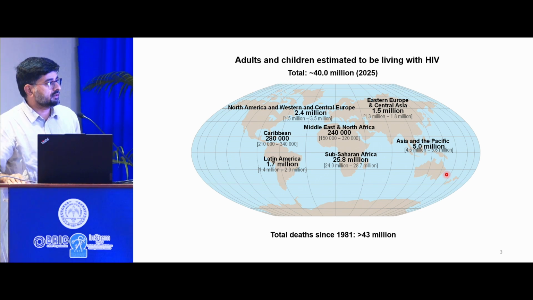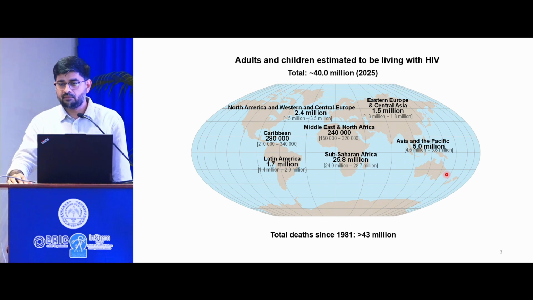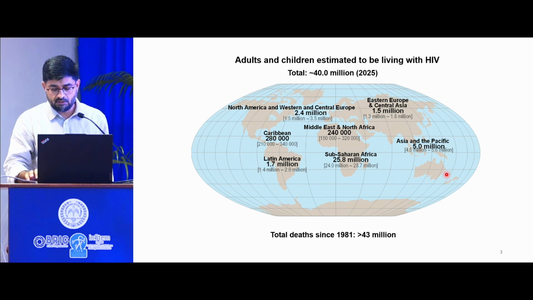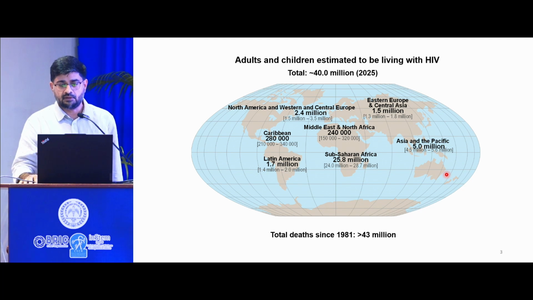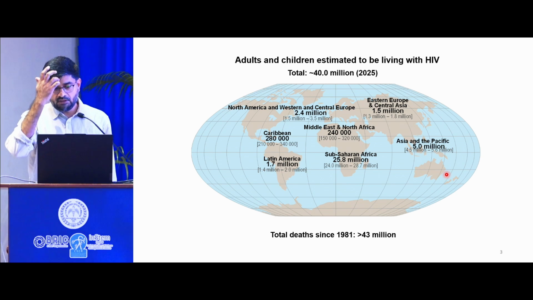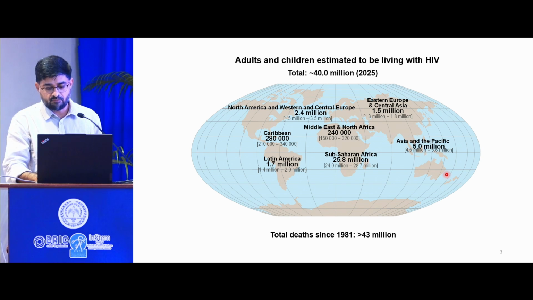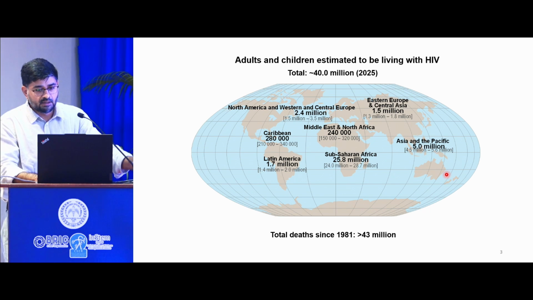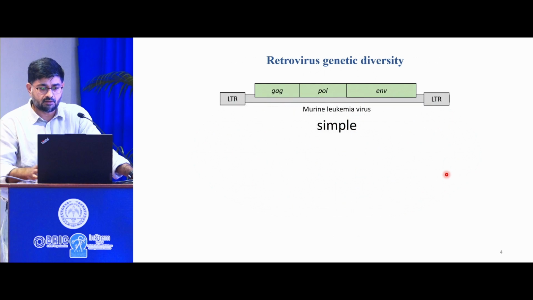With the current disease burden, almost 40 million people living with HIV, and the vaccine seems to be still far-fetched for this particular virus. Now, we try to understand in the lab what makes this virus so successful as a pathogen and sustaining the pandemic as opposed to other retroviruses.